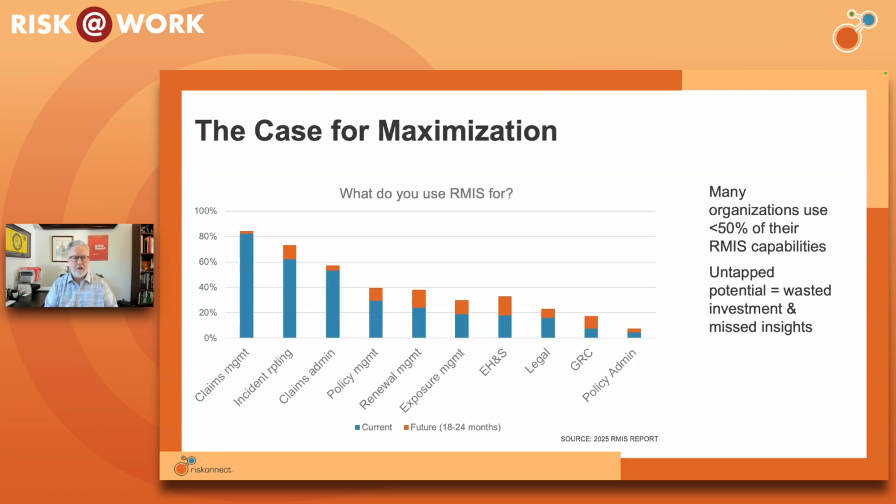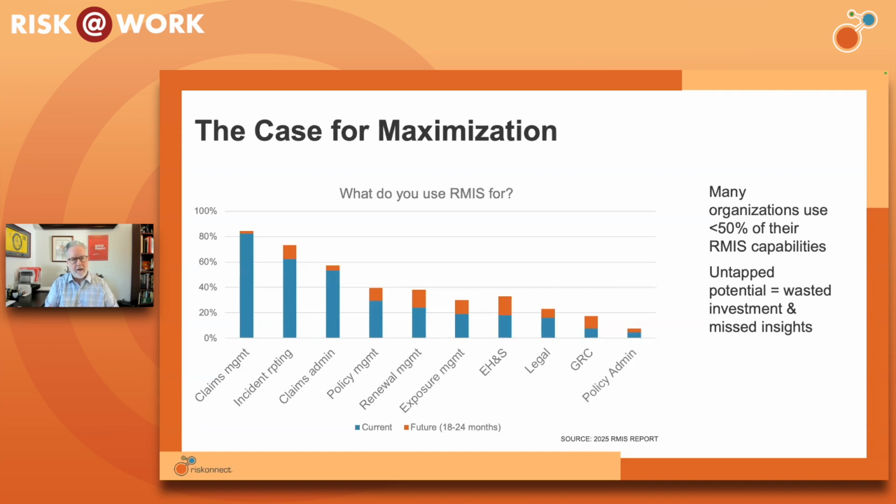The reason we differentiate is that claims management is when you use the tool more as a reporting and aggregation tool, so you're gathering data from your TPAs and your carriers. Claims administration is if you're using your RMIS to administer the claim, so you're maybe self-handling particular lines of coverage, or maybe all your lines. That's the differentiation, and that was the core use of RMIS for so many years. It's obvious those would be our high points in utilization.